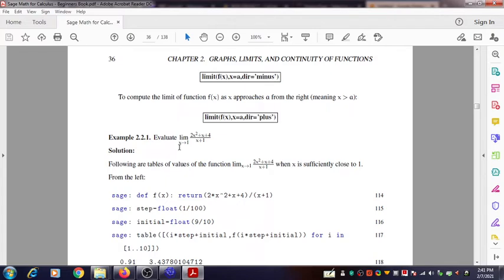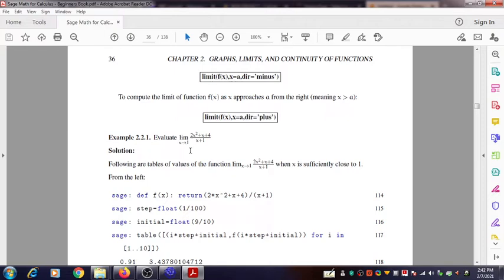But since there exists a single function to obtain that limit, it is very easy to obtain the limit using Sagemath. But the first example, we are going to give in a detailed way, because we have to consider a set of x values which fall in the neighborhood of, or come very close to, the given point.